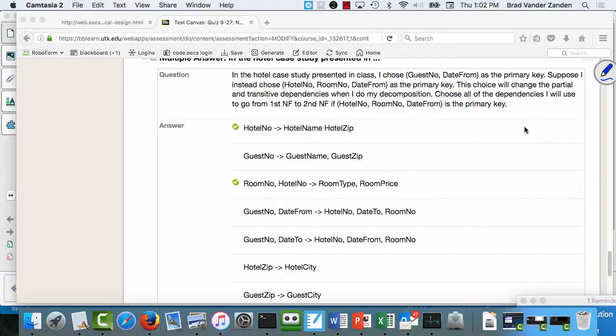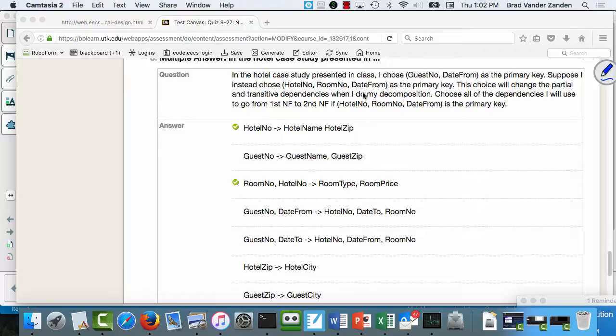This leads right into what I was going to talk about, which is that when I did the hotel case study on Tuesday, I said that I was choosing the guest number and the date from as my primary key, but the hotel number, room number, and date from was an alternative candidate key. And so I could have chosen it as the primary key, and that would have changed the way I did the decomposition.